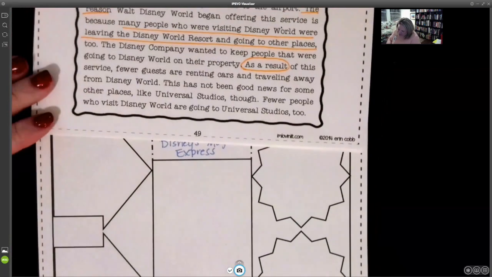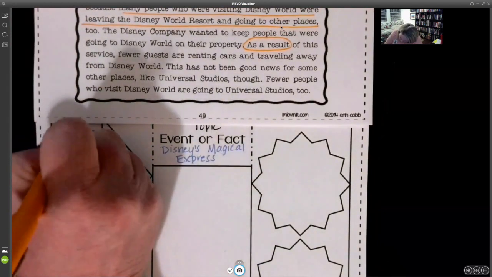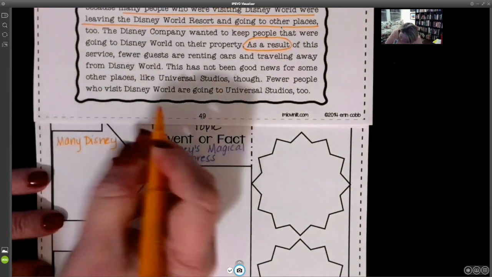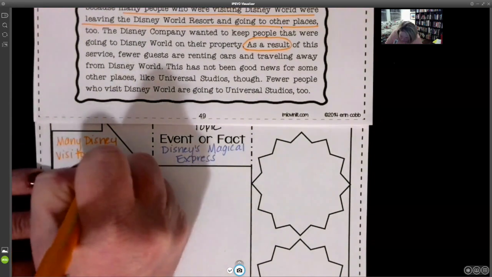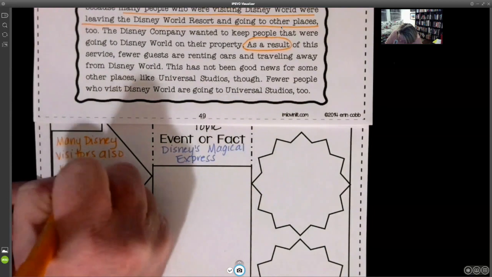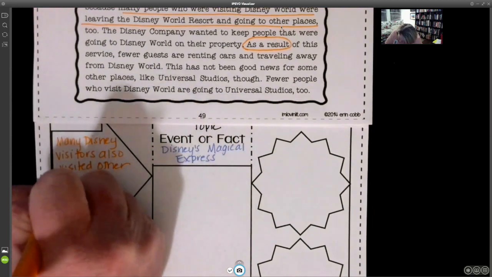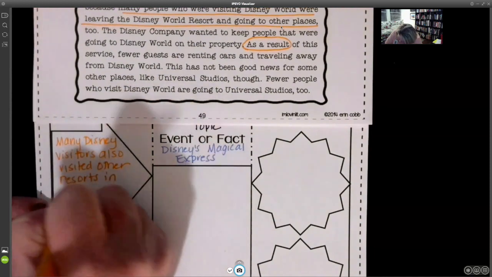I'm going to write in my blank, many Disney visitors also visited other resorts in Orlando.